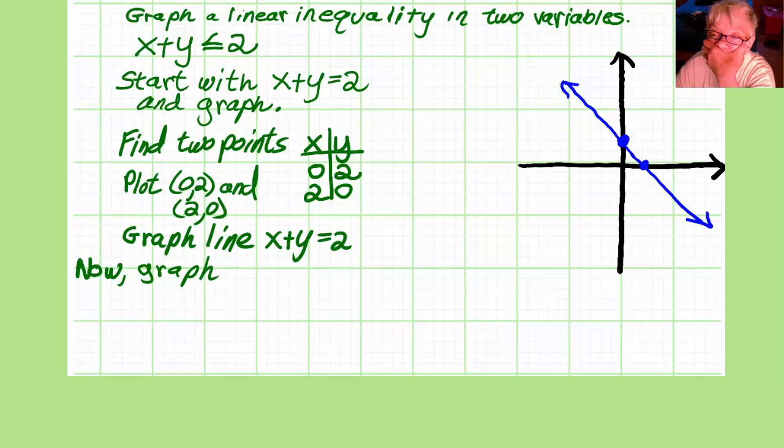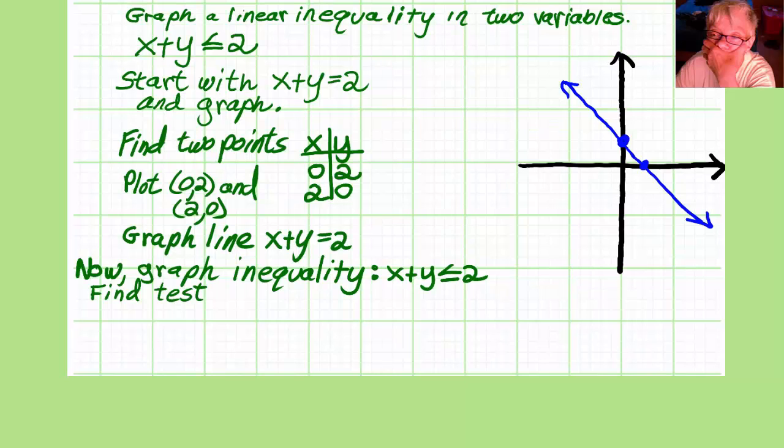Now we're going to graph the inequality. And here's how you do that. First you have to have the line, however. And we're going to see how x plus y equals 2 turns into x plus y is less than or equal to 2.